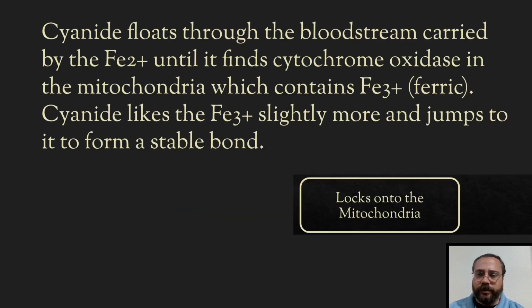Cyanide floats through the bloodstream, carried by the Fe2, until it finds cytochrome oxidase in the mitochondria, which contains Fe3, the ferric. Cyanide likes Fe3 slightly more and jumps to it, but it forms a stable bond. What this does is it essentially shuts down the mitochondria of the cell.